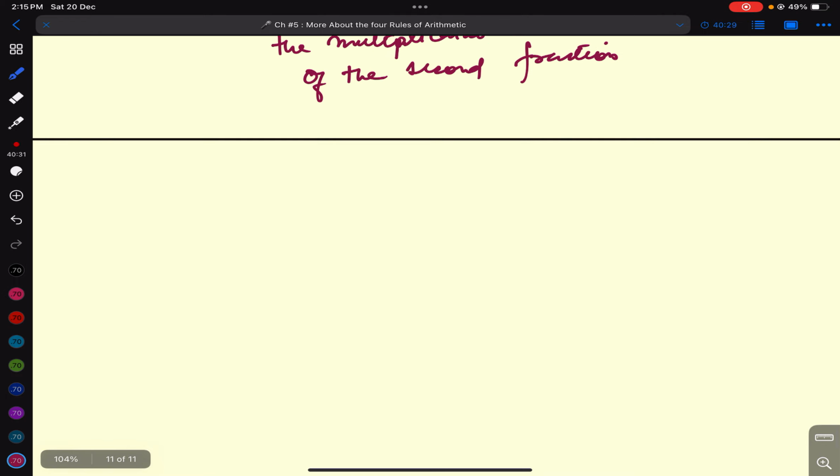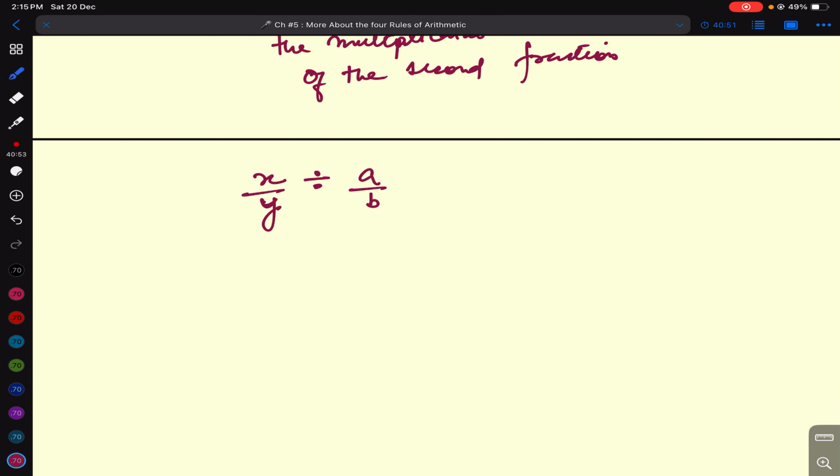Let's say you have the first fraction as x over y, and this is divided by another fraction, which is a over b.